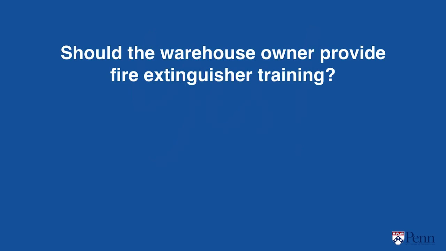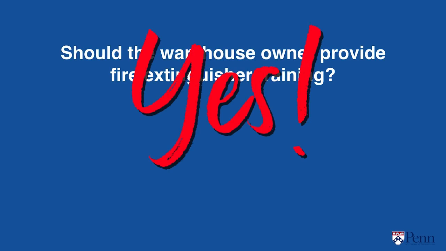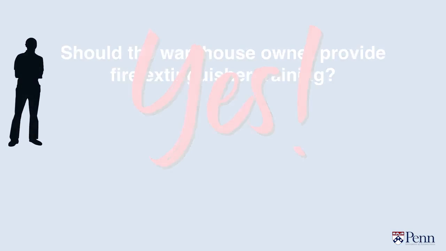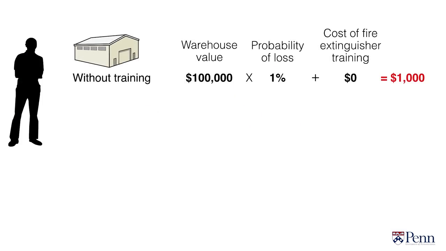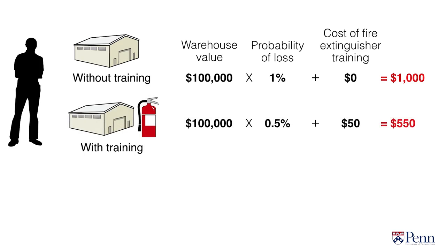The answer is yes. The warehouse owner should provide this training to his employees. If he doesn't, he faces an expected loss of $1,000. That is the value of the warehouse, 100,000, times the probability of a loss, 1%. On the other hand, the expected loss falls to $500 when providing the training, plus the $50 training cost.